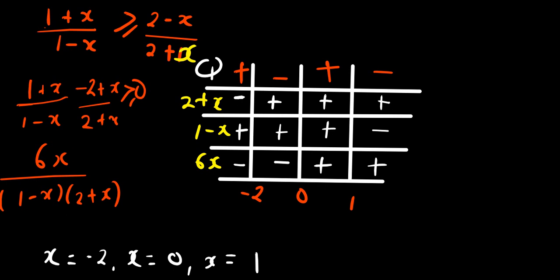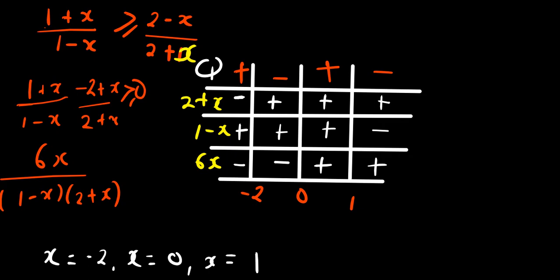You exclude such values because they will make the fraction undefined. Okay, so the solution set from this case, we want values that will not make the function undefined. So we want only positive values.